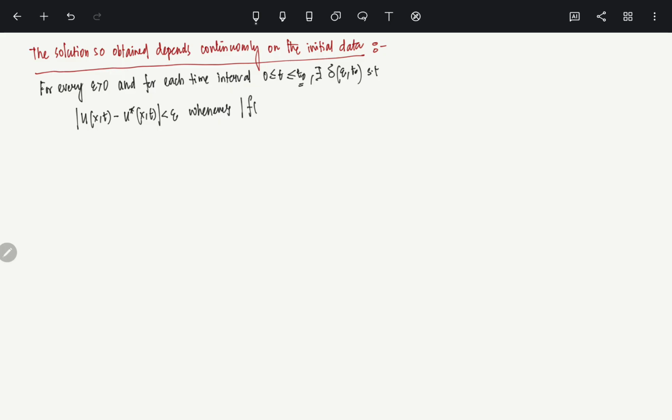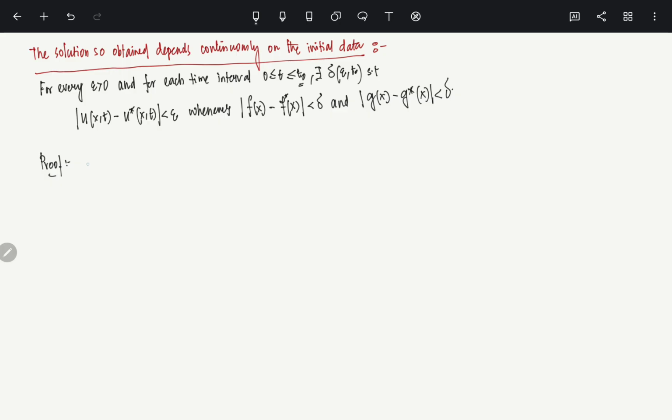I will explain what all of this means. The initial data are f and g, so |f(x) minus f star(x)| is less than delta, and |g(x) minus g star(x)| is less than delta. So if both are less than delta, then the difference of the solutions should be less than epsilon. Yes. Okay, so let's look at the proof of it.